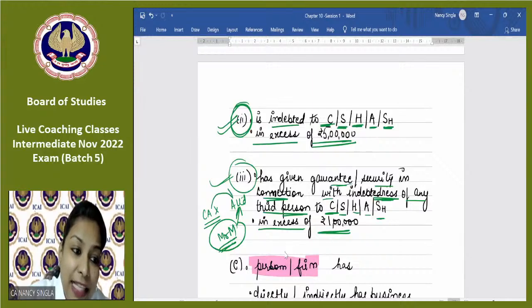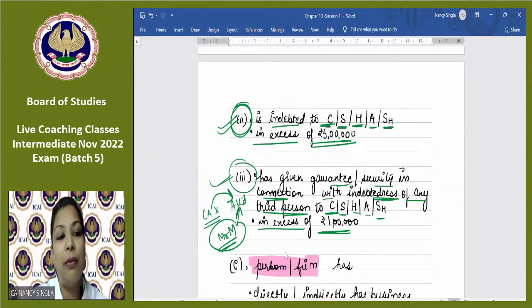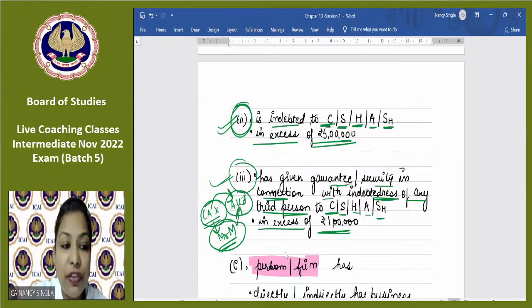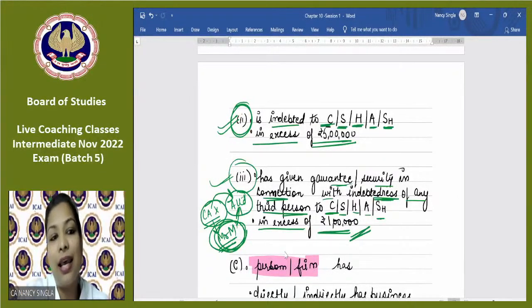And CAX has given guarantee to A Limited that in case Mr. M does not pay such amount, I guarantee it, I'll be paying it to you. So CAX has given guarantee to A Limited with respect to a third person for an amount exceeding rupees 1 lakh. In such a situation also, CAX will be ineligible.